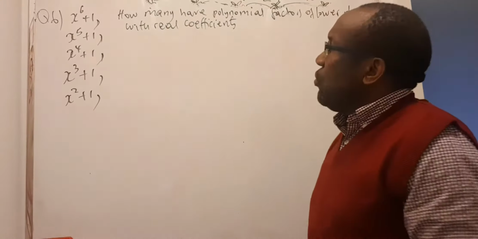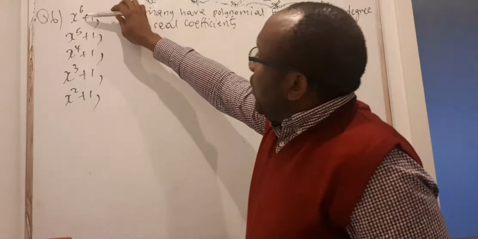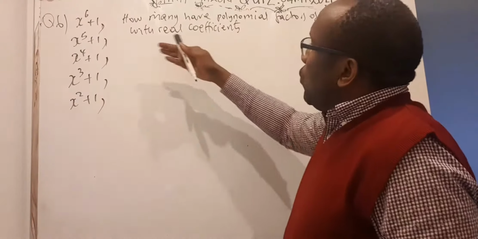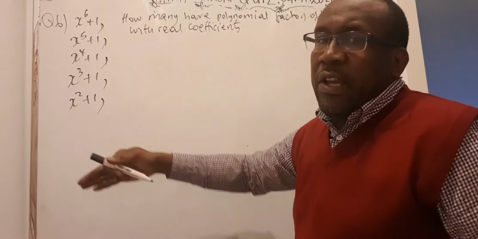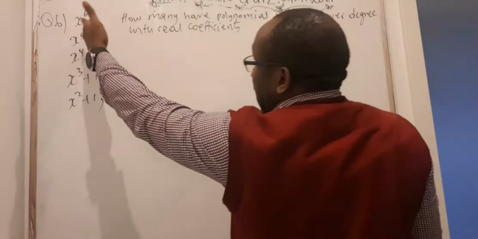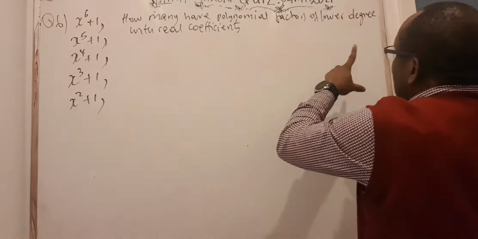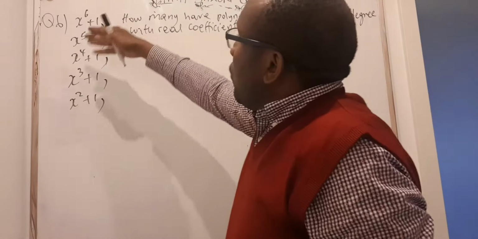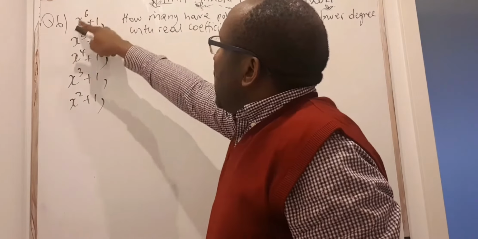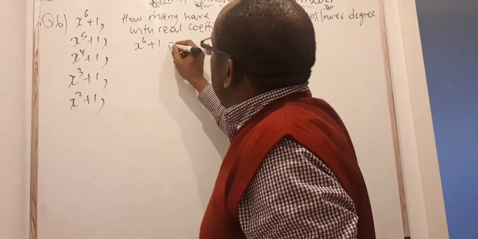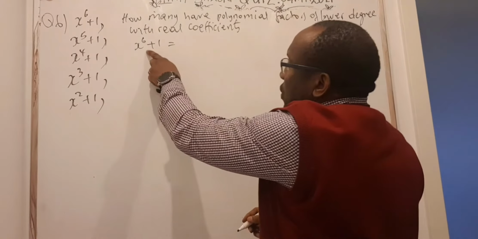So our next question, question number 6, we're given 1, 2, 3, 4, 5 polynomials here. And we're asked to check how many of these have factors of lower degree than the original polynomial itself, with all real coefficients. We could start from here. x to the power 6 plus 1: I need factors that can work.